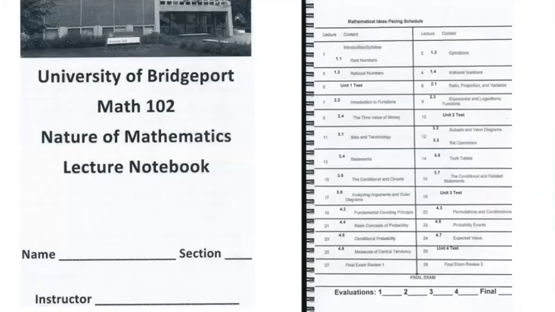Previously, we have shown you how to write the Panopto recordings into your lecture notebook. This is a slide showing you the front of the lecture notebook, and on the first page is the mathematical pacing schedule, which lists all of the objectives that we will be covering this semester.